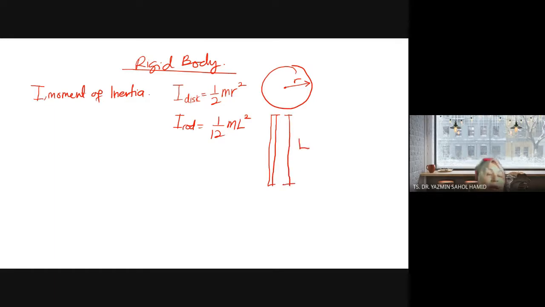And then we also have another type of circular disk, but the formula is mk squared.